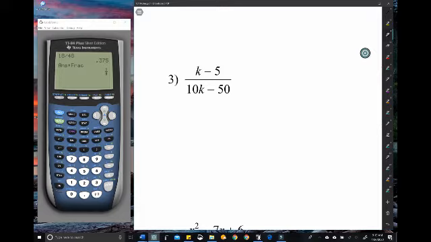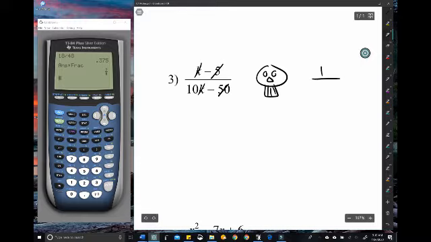So this time, k minus 5 over 10k minus 50. Do not just cancel out the 5 and the 50 and the k's and say, oh, this is just a good old 1 over 10 minus, I don't even know. Okay, that's just a mess. You can't do that.